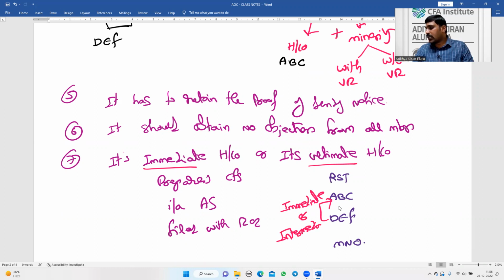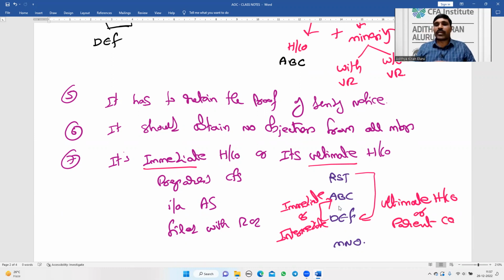So ABC is the immediate or intermediate holding company to DF. RST is the ultimate holding company, also known as the parent company.